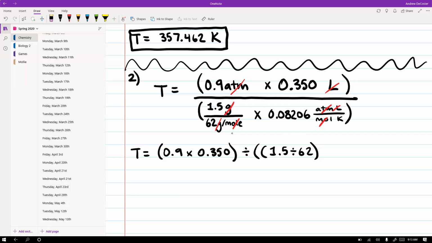Make sure that's in its own set of parentheses, times 0.08206. Okay, I got 158.664 Kelvin.